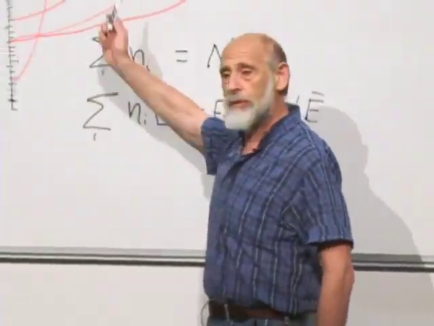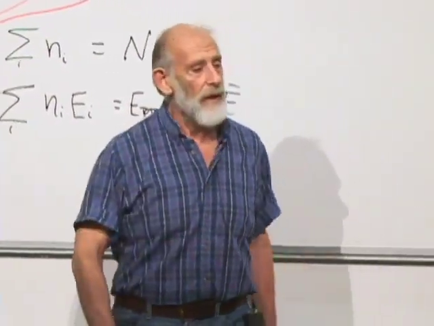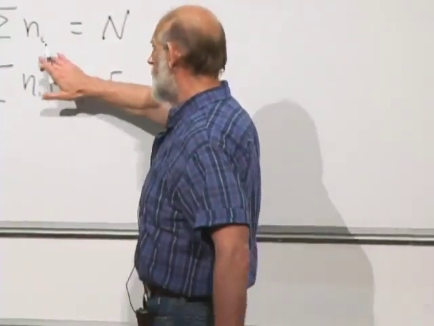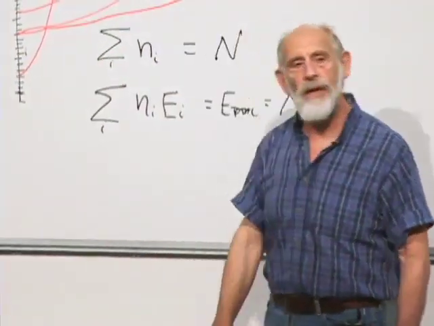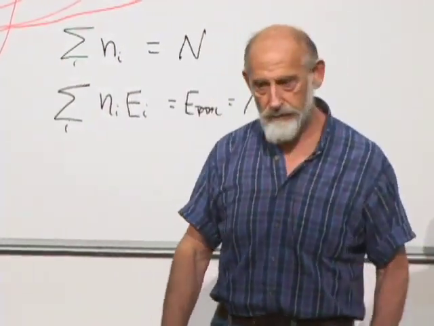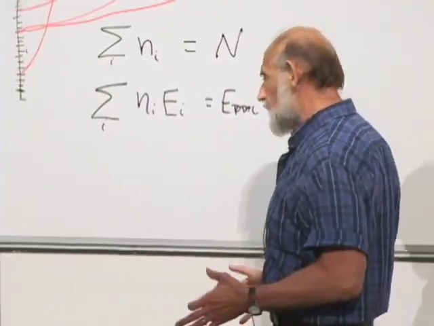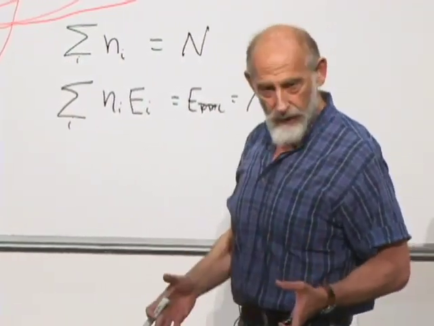And so these can be thought of as constraints. Whatever we do, we will not change these things. Now, the next question is, given a set of occupation numbers, how many ways are there that those occupation numbers can be realized?